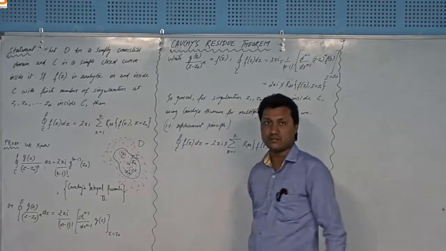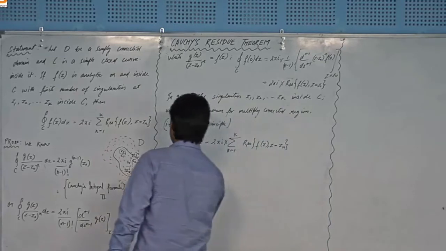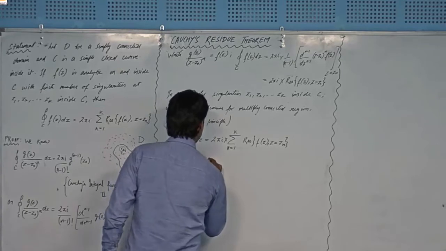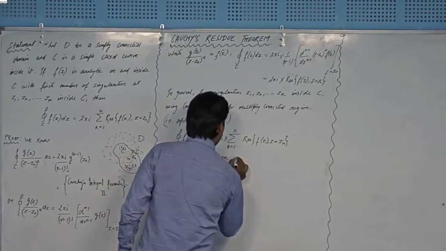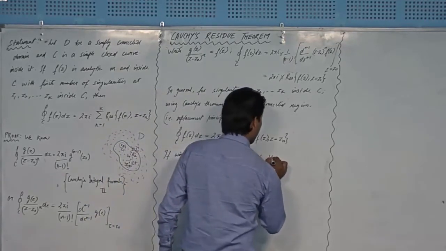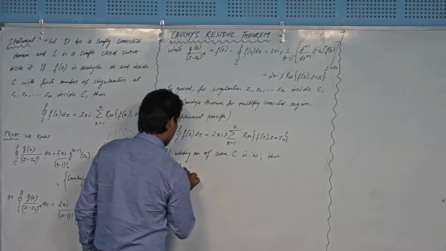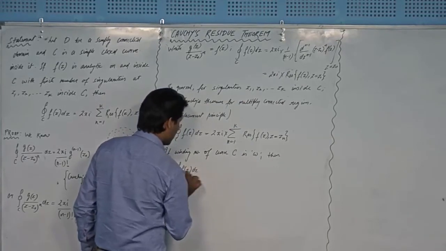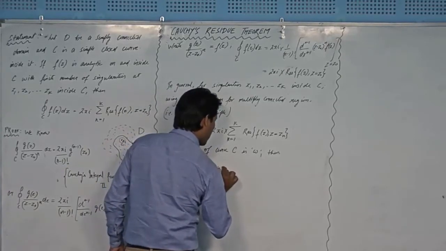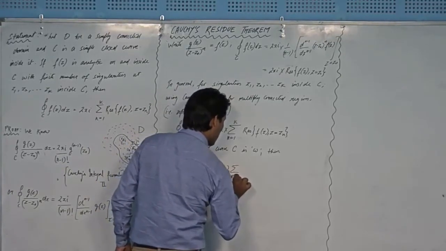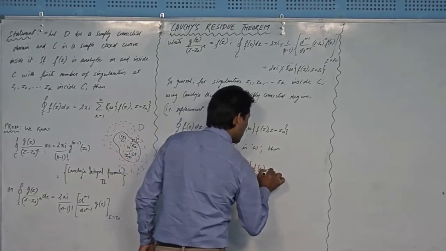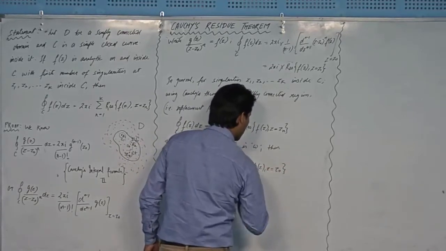I will write that statement here: if the winding number of curve C is ω, then this result becomes the integral of f(z) dz equal to 2πi multiplied by the winding number, and then the summation from n equal to 1 to k of the residue of f(z) at z equal to z₀.